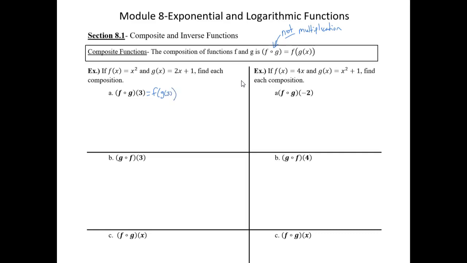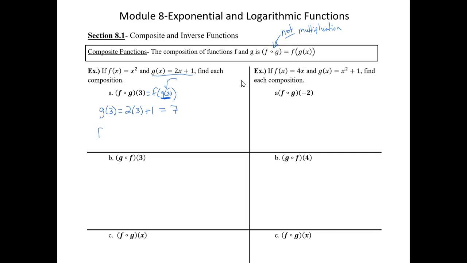Essentially, we need to find g of 3 first, because that is what we're going to plug into f. We know how to do that. We plug in 3 anywhere we see an x in function g, replacing x with 3, and then following order of operations. So 2 times 3 is 6, and 6 plus 1 is 7.